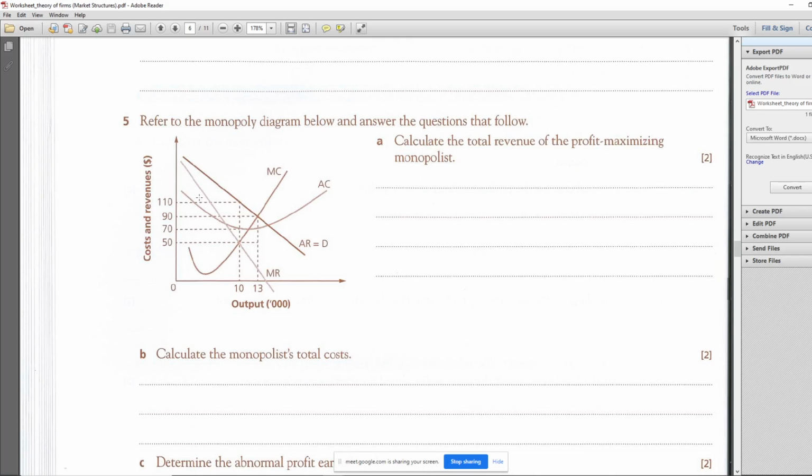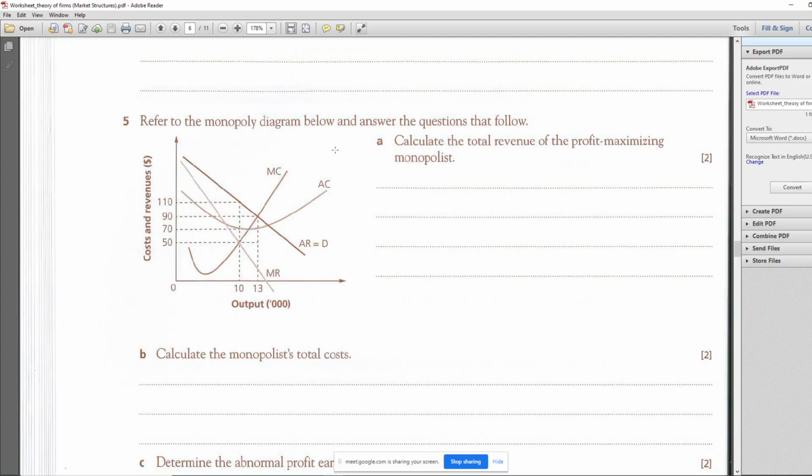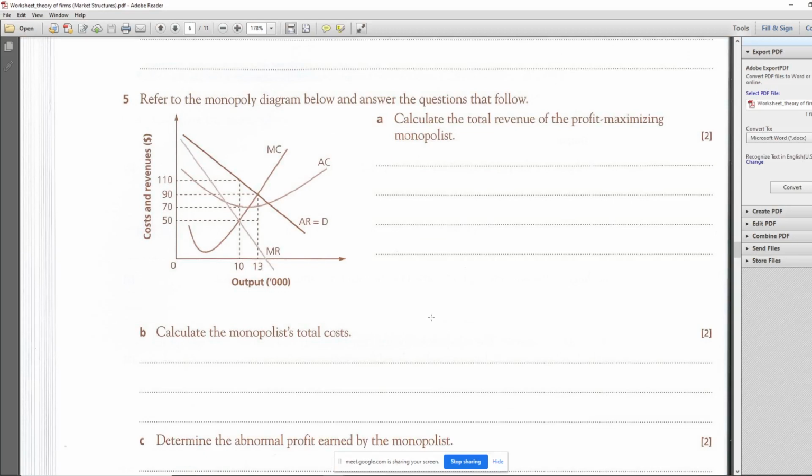All right, so once again, this is the area of total revenue, if you're trying to profit maximize your output. What about the total cost?